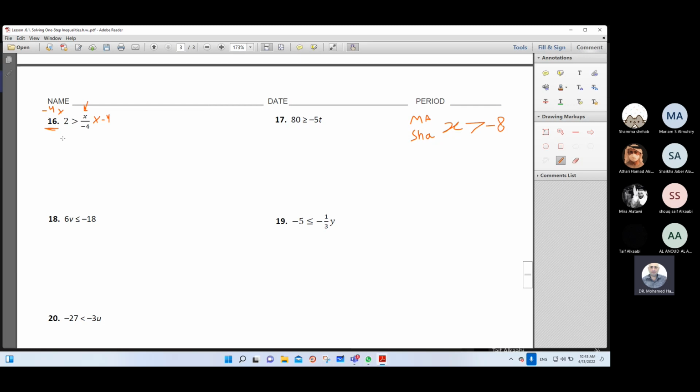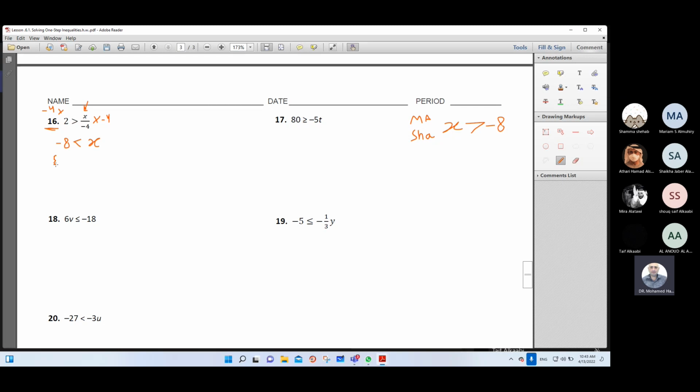So negative 4 times 2 will be negative 8. And always remember, when you multiply any inequality by a negative number, switch the sign. Here negative 4 divided by negative 4 is 1, remains x. So x greater than negative 8.